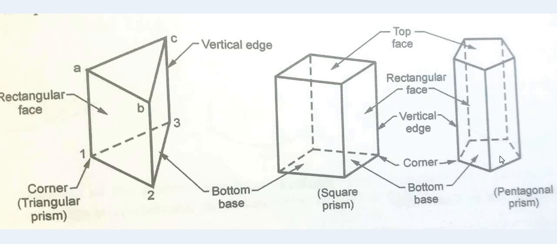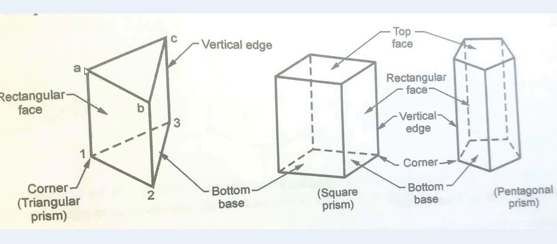This is another parameter. In addition to these points, there are two imaginary points for every prism, and those imaginary points are joined by an imaginary line which is known as axis of a prism. So axis of a prism is nothing but an imaginary line passing through the center of a prism, or you can call it the center line of a prism.